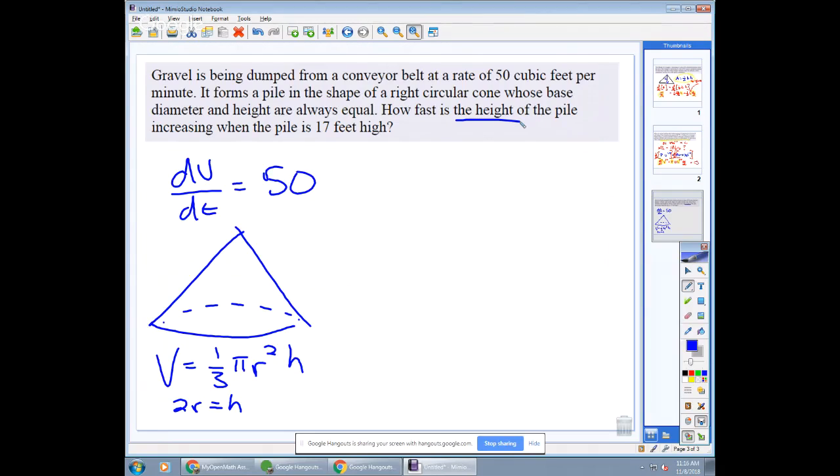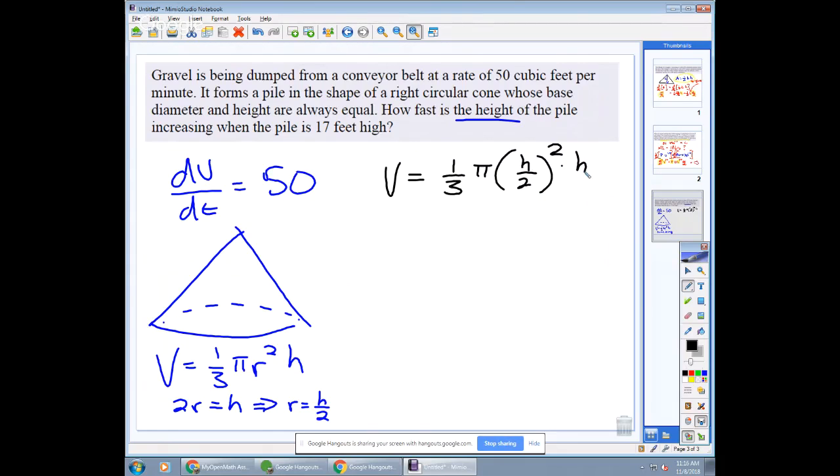So radius, according to that, is equal to the height over 2. So I'll substitute that in. Now I have V equals 1/3 pi times (h over 2) squared times h.